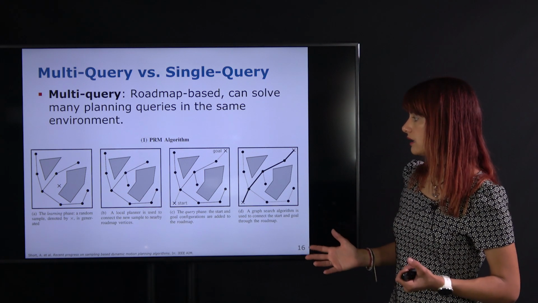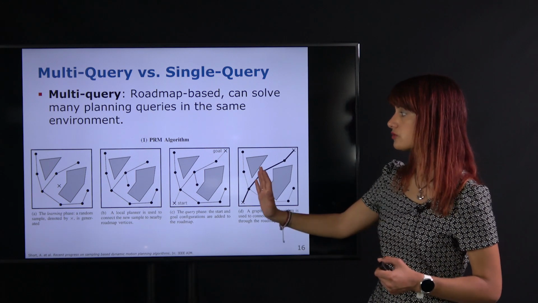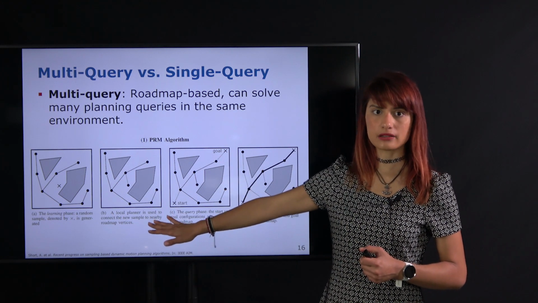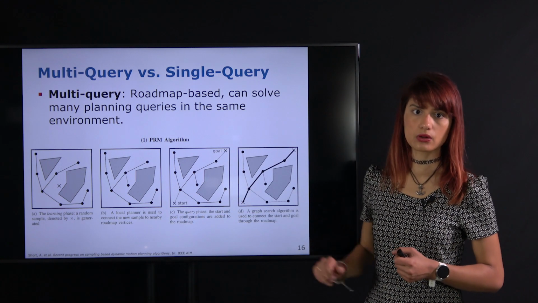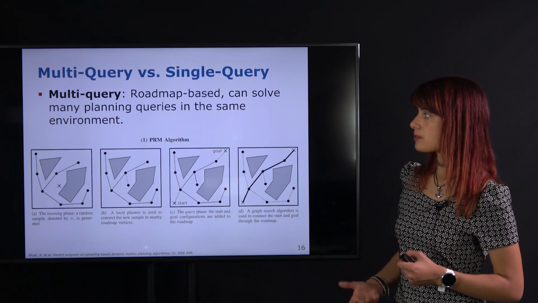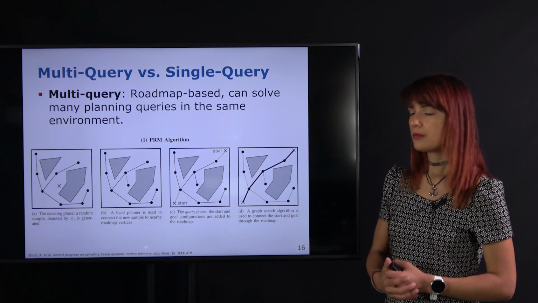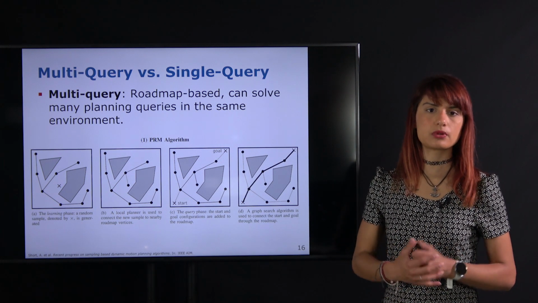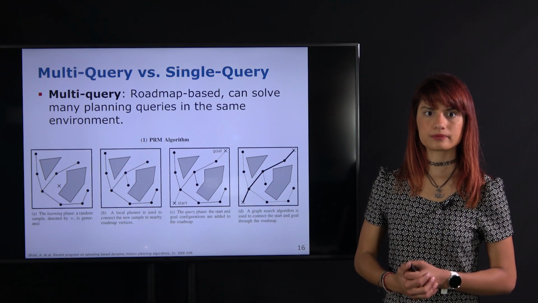And so if our environment and our robot don't change, we don't have to repeat the sampling-based steps again. We can just query again with a different start and goal configuration. This is why we call approaches such as the probabilistic roadmap multi-query planning, because they're suitable for multiple queries with the same sampling representation.